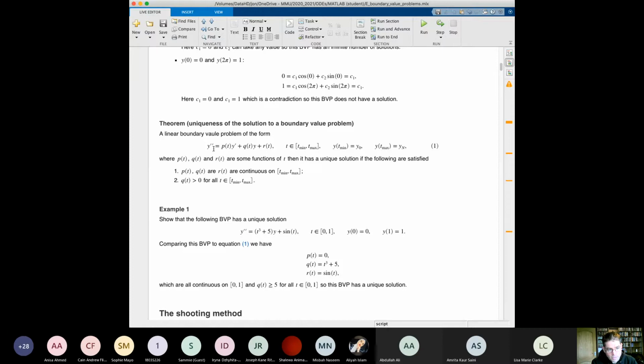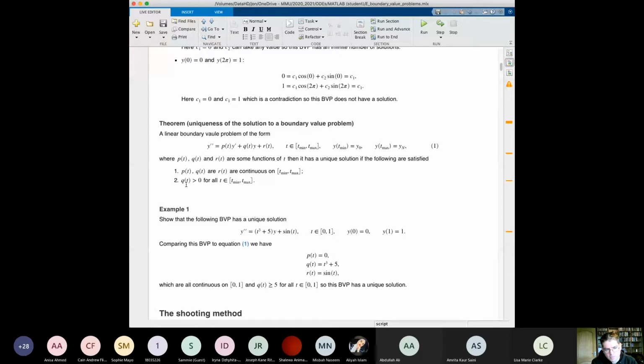If we have a linear boundary value problem of the form of a second order ODE, y double dash equals p(t) multiplied by y dash, plus q(t) multiplied by y, plus r(t), then if p(t), q(t) and r(t) satisfy these two conditions, you have a unique solution. First, they must all be continuous on the range. Continuous means we can draw the graph of these functions without taking your pen off the paper.